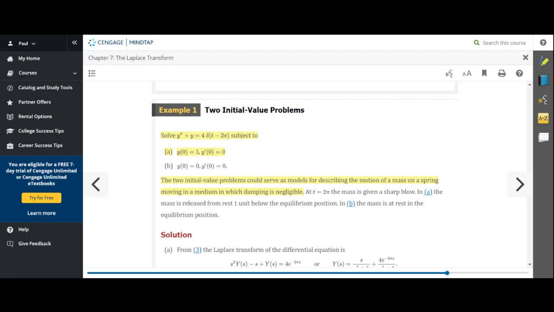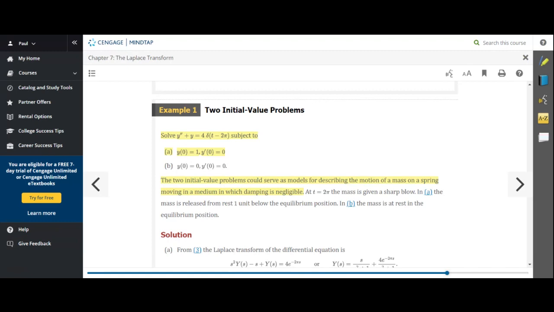What's the auxiliary equation for that? That's right, Matthew. The auxiliary equation is m squared plus 1 equals 0, so m equals plus or minus i, and the homogeneous solution is a linear combination of a cosine and a sine function.